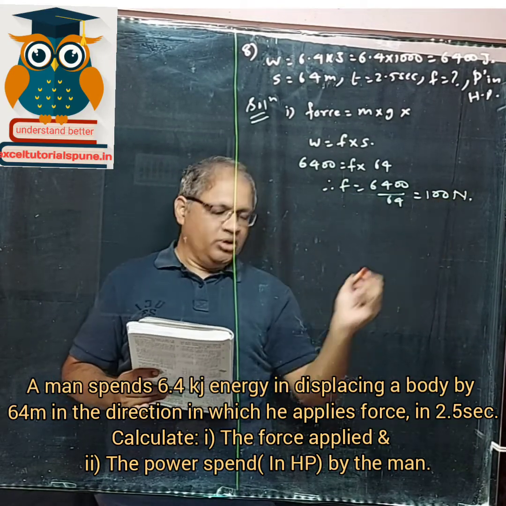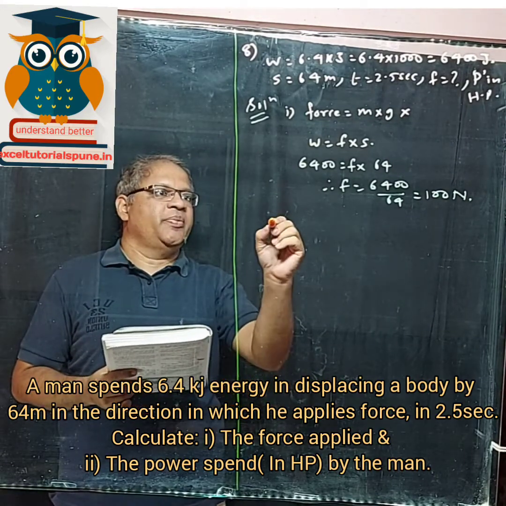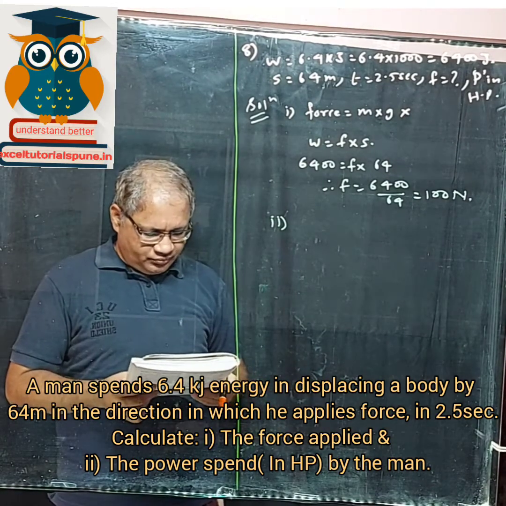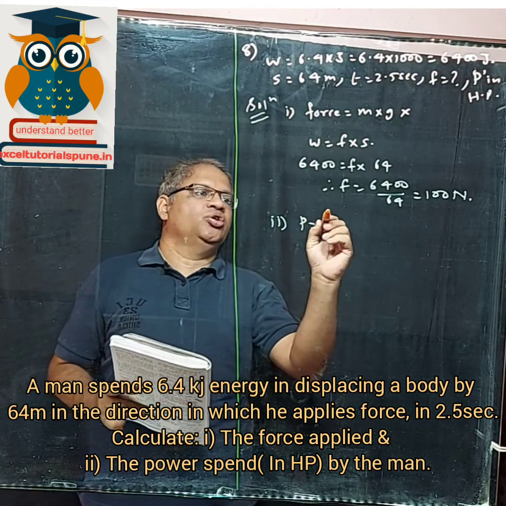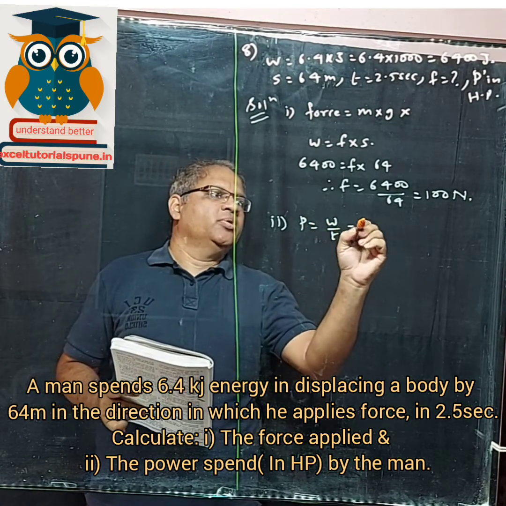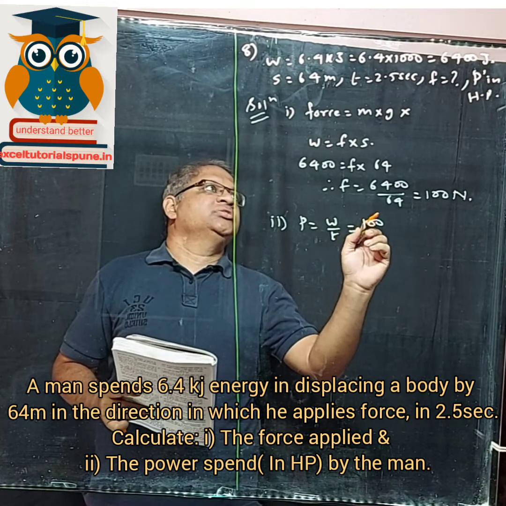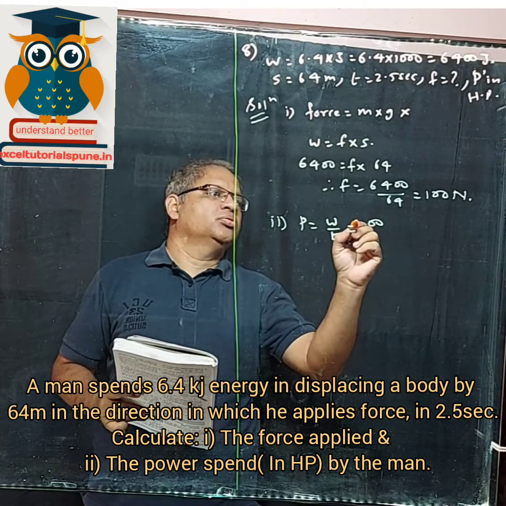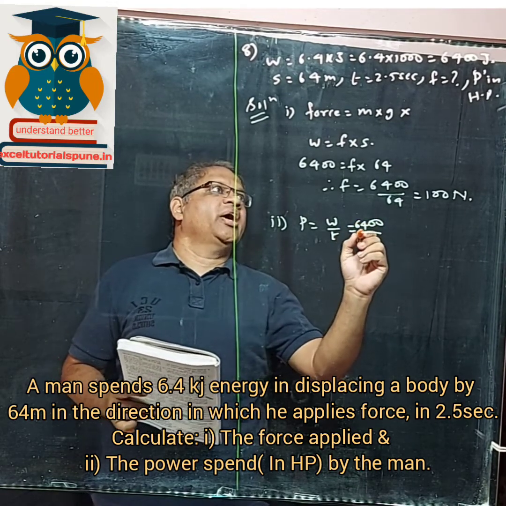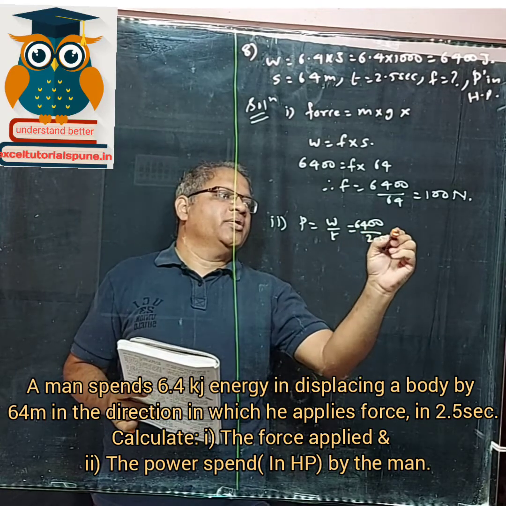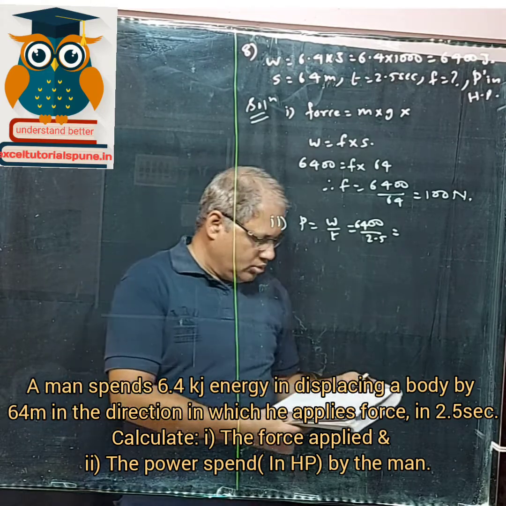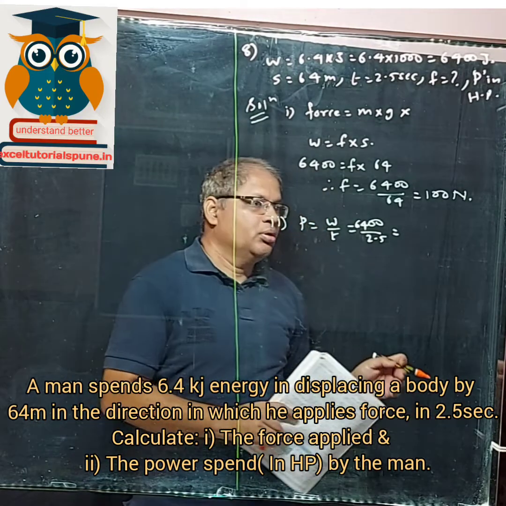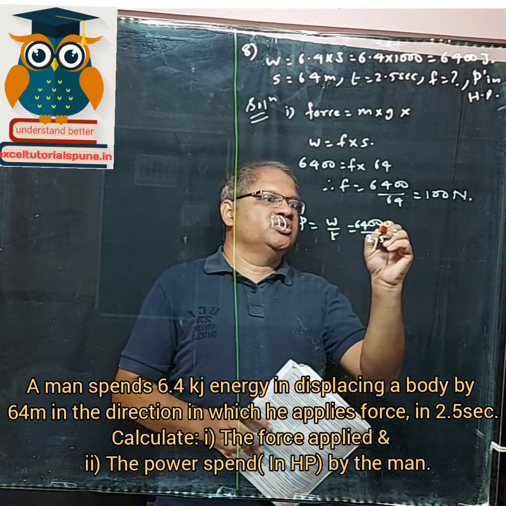That is 100 Newton. Then the second part, the power spent. Power is equal to work upon time. Work is 6400 upon time is 2.5. So that's coming to, remove the 0.10.